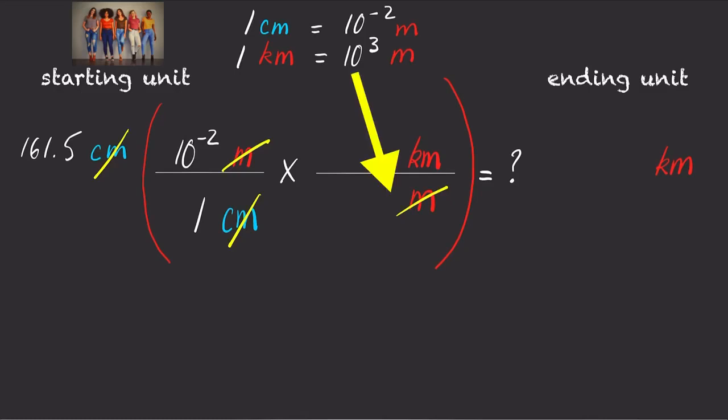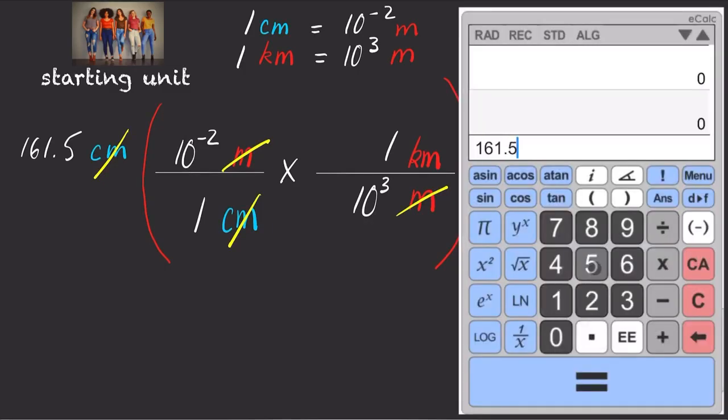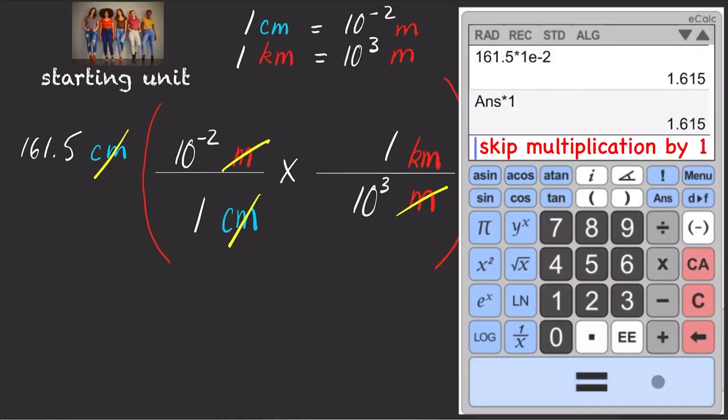So, for the second conversion factor, if we put 10 to the 3 in front of the meter, the positive exponent will take our number from meter to a bigger number equivalent to 1 kilometer. Now plug the numbers into your calculator. Take the starting number, 161.5, multiply it by all numbers on the top, and divide the answer by all numbers on the bottom.